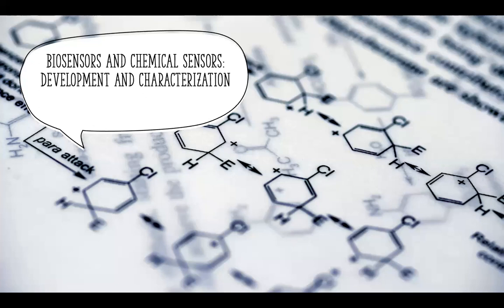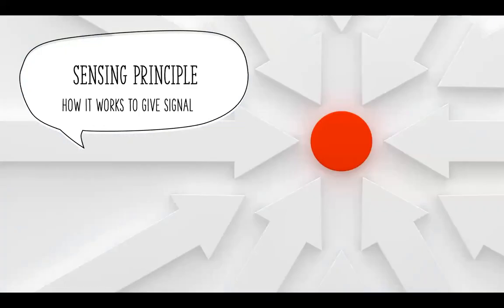So this is generally what we do. First is to check the sensing principle. We need to ask ourselves how the signal is going to be given, whether the interactions will give a signal. If you are working on electrochemical sensors, do you have an electrochemically active compound that will give out a signal that changes according to the analyte, for example?